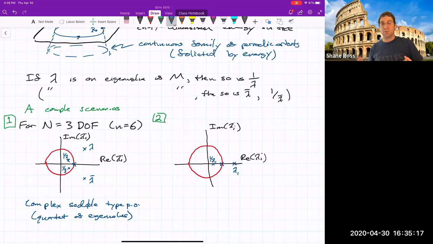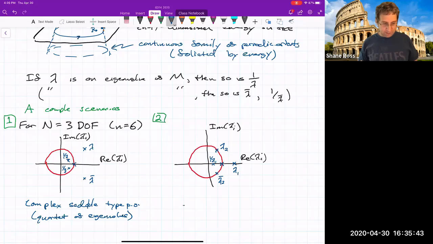These will correspond to the 2 parts of the saddle. Lambda 1 is the unstable, and 1 over lambda 1 is the stable. Then I can have lambda 2 and lambda 2 conjugate, and 1 over lambda 2 doesn't pick up anything new. It just picks up the same thing.